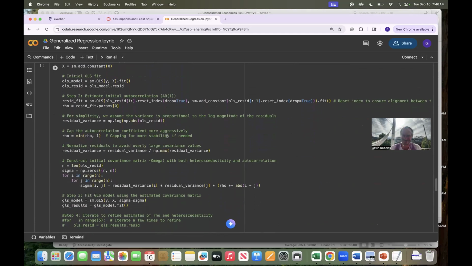I'm going to start over the sentence again. You can always do this iteratively because the very first time you are going to use OLS under the generalized model to get your first set of estimates. That's going to give you a set of estimates of Bs, and it's going to give you a set of estimates of your variances. So now we have our first set of error variances that we could work with.